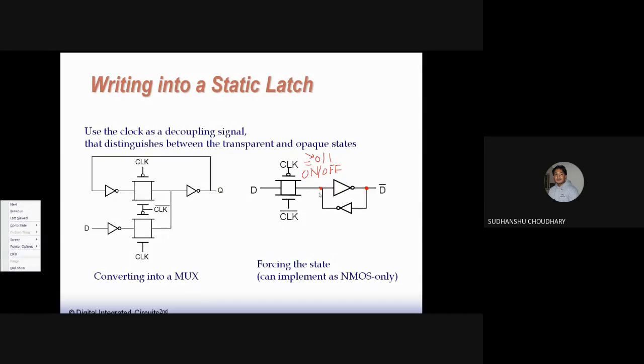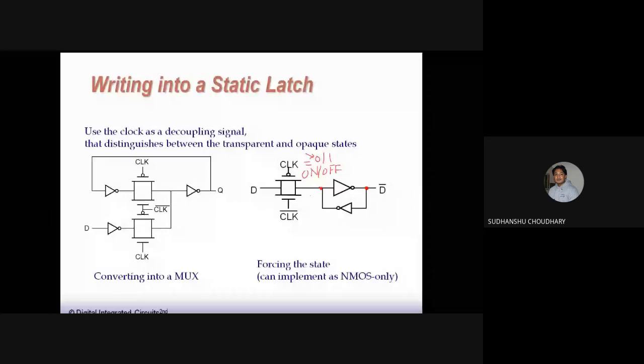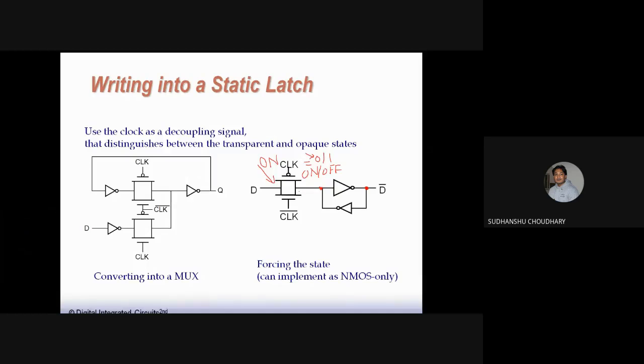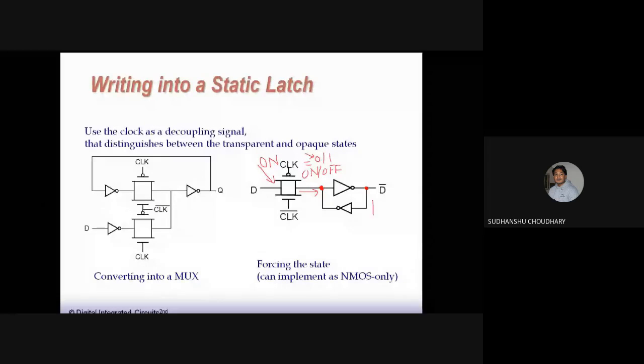Now there is a problem here in this loop. The problem is that when this transmission gate is on, this D is trying to write the data at this point, and this feedback loop is also trying to write data at this point. So this is a problem. Again, it becomes a ratioed problem.